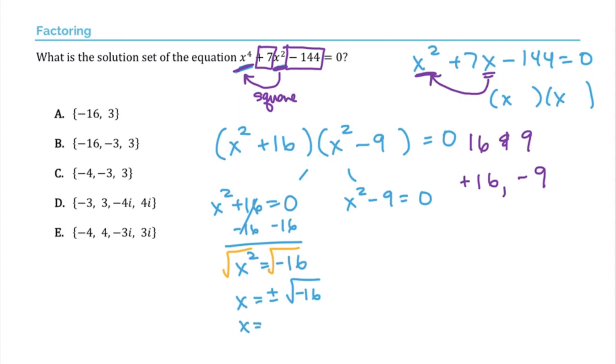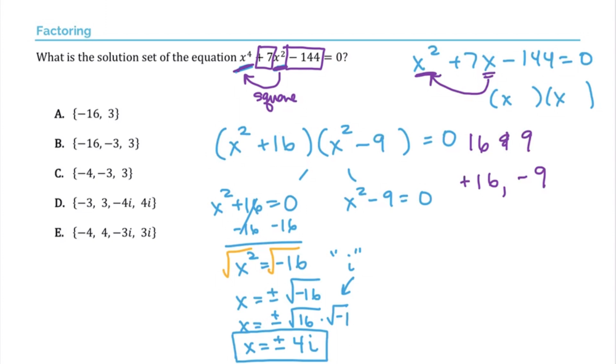Now, the square root of negative 16 is the same thing as the square root of 16 times the square root of negative 1. So we're going to end up with x equals plus or minus root 16 is 4, and the square root of negative 1 is i. So our first answer from x squared plus 16 equals 0 is a positive 4i and a negative 4i.